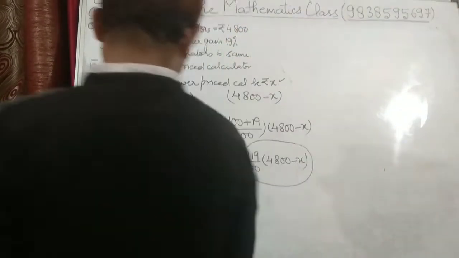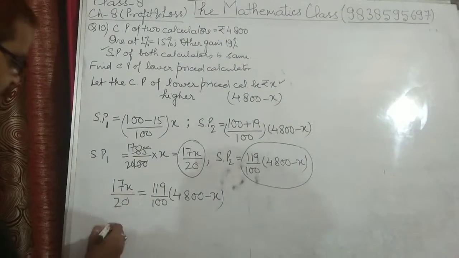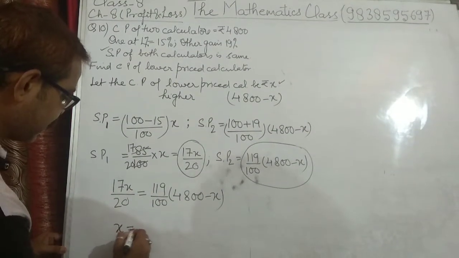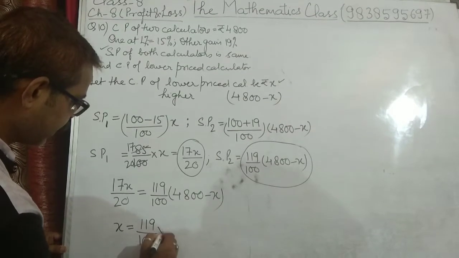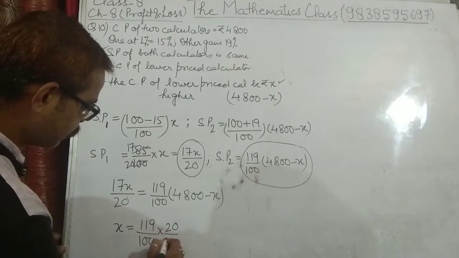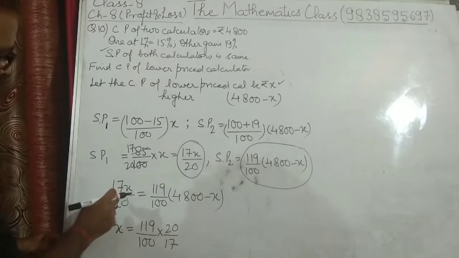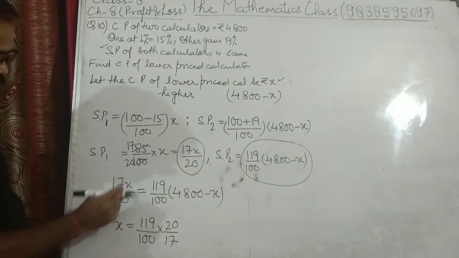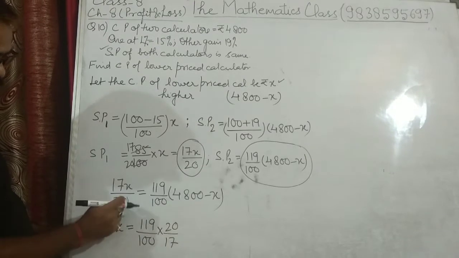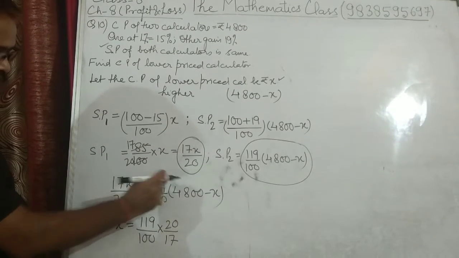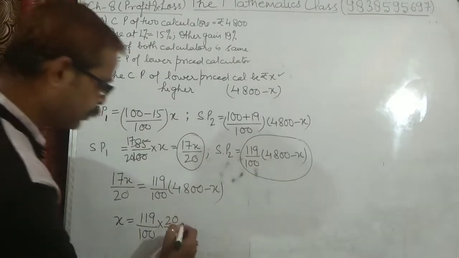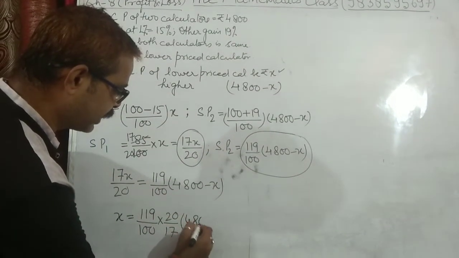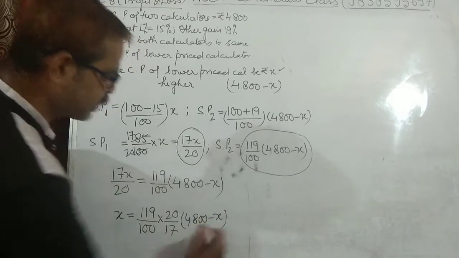Now what we can say, this x can be written as 119 upon 100 into 20 upon 17. What I did, I left the x over here. 20 moves to that side. Since it is in division, it will become multiplication, and 17 is in the numerator, it will go to the denominator, into 4800 minus x.